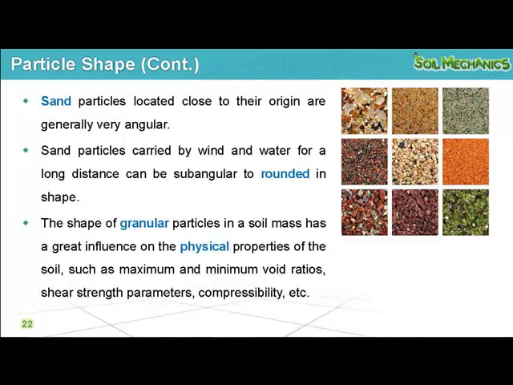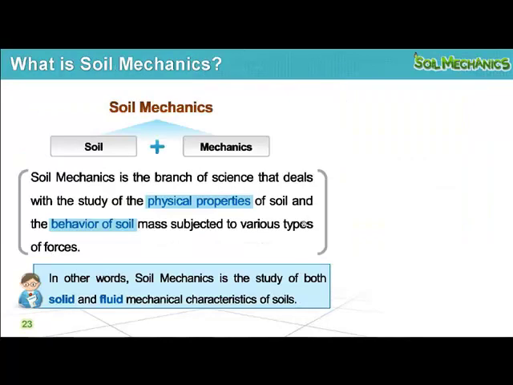Shear strength parameter is important for stability analysis of foundation or retaining wall. So the shape influences this parameter also, and also compressibility, like settlement of foundation. Okay, so what is soil mechanics?